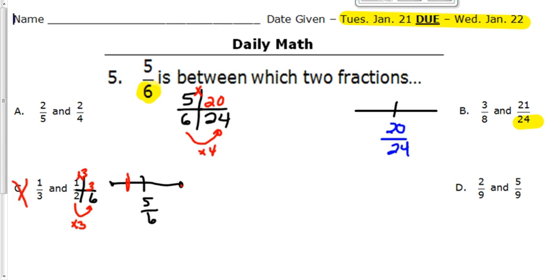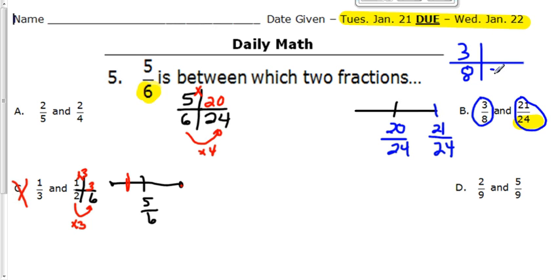Well, that's kind of exciting so far because the second fraction, 21 over 24, would come after that. So far, so good. So the only one we have to check now is 3/8. So I'm going to set that up, 3/8, and I want a denominator of 24.